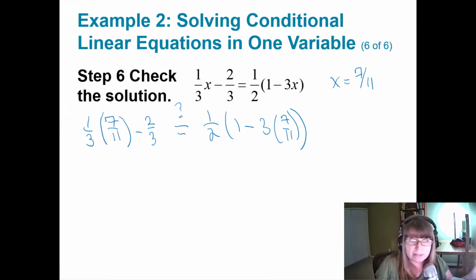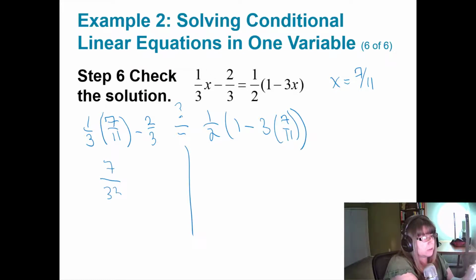I'm going to work on the left-hand side and then I'll jump over to the right-hand side. And if I get a value on the left that equals the value on the right, then I know my solution is good. 1 times 7 is 7. 3 times 11 is 33.